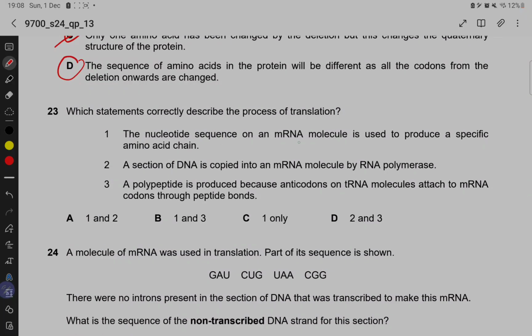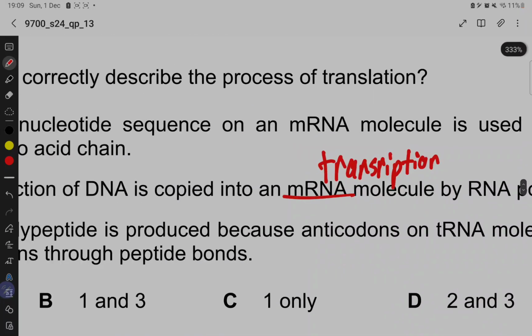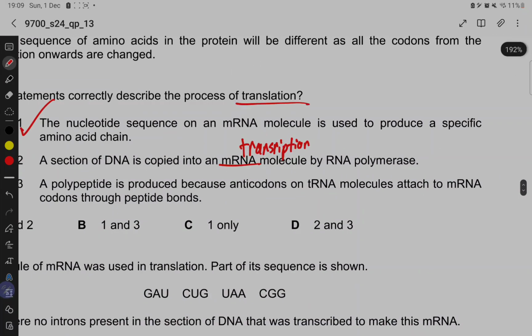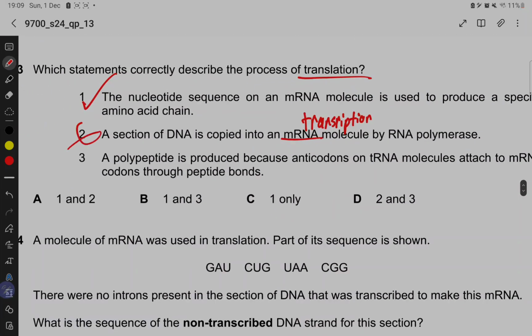The nucleotide sequence on an mRNA molecule is used to produce a specific amino acid change. A section of DNA is copied into an mRNA molecule by RNA polymerase. Okay, this statement is in fact correct, but only for transcription. It's mRNA, it's in transcription, and they're asking for translation. 2 is wrong.